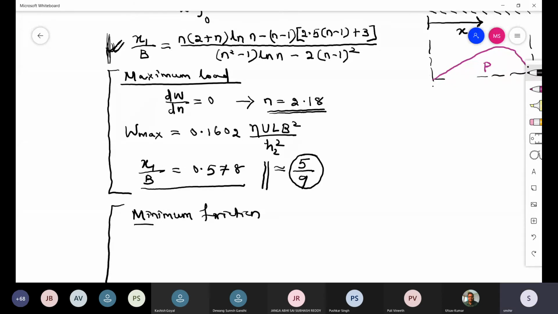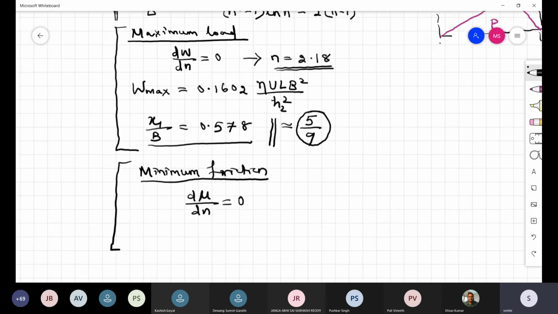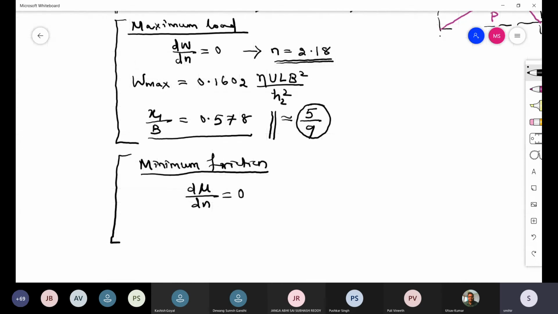On basis of minimum friction, that means d mu by dn equal to 0. From here you find out what is the value of minimum friction and what is the value of x1 by b, center of pressure. Okay, so this you do as homework.